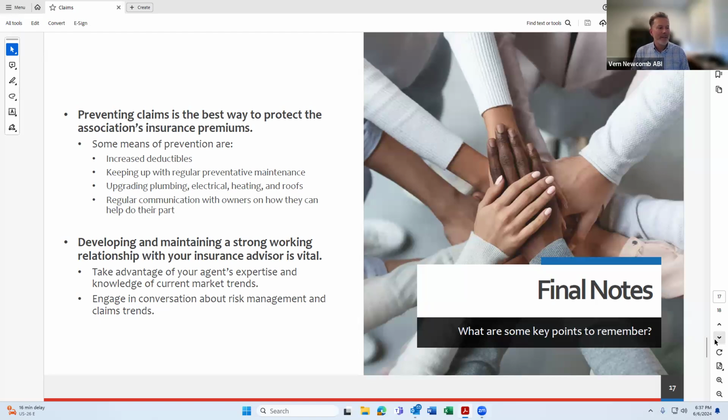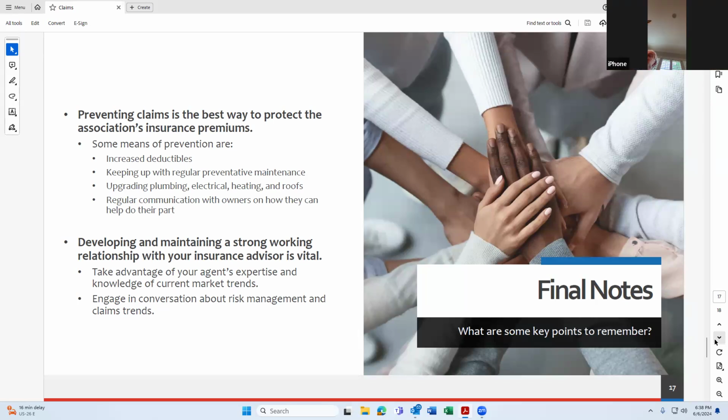Another thing is developing and maintaining a strong working relationship with your insurance advisor. Make sure you understand what coverage you have and what unit owners need to do as far as maintenance. Do a town hall meeting with the unit owners, have your agent sponsor that, educating the unit owners on what type of coverage they need to have.